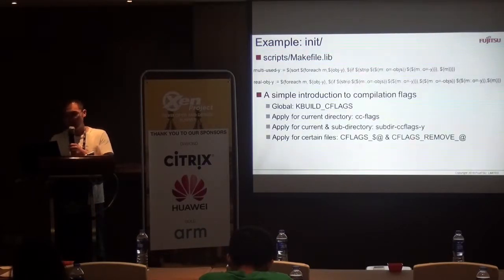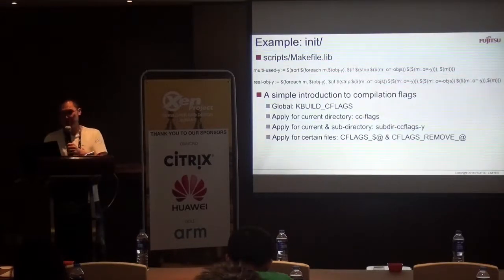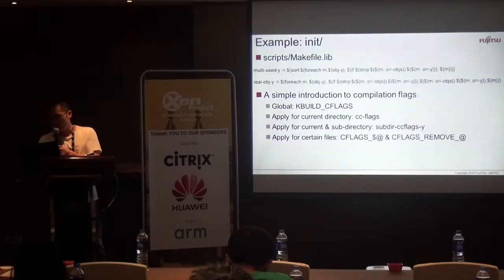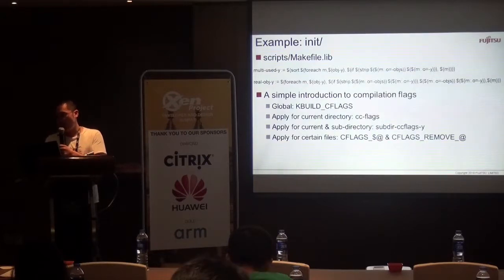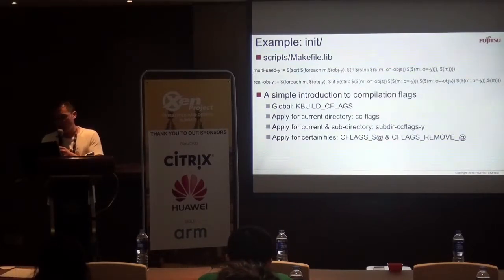One thing I should mention: the compilation flags management in Linux kernel Kbuild is a hierarchy of flags, which has a global flag at the top, and it applies to every compilation target.